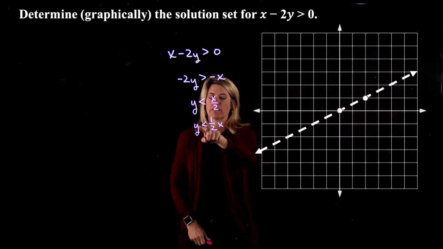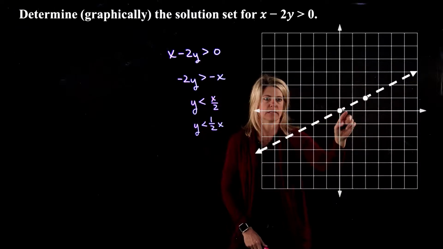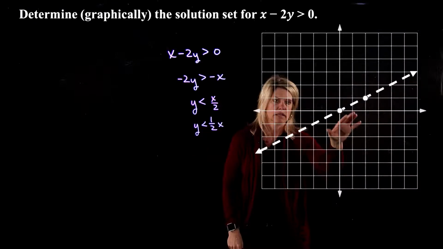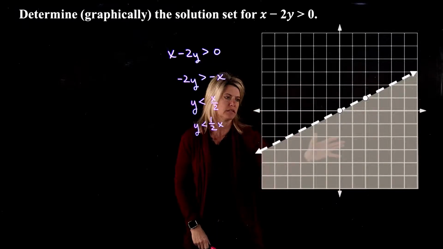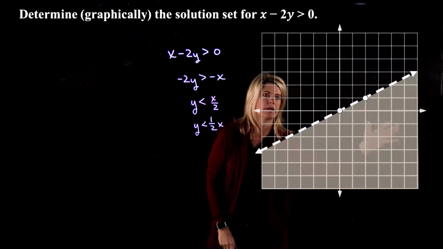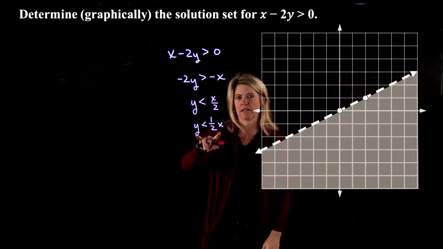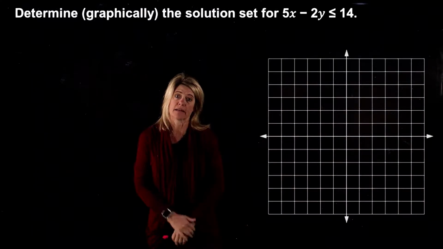And now we want the y values that are less than. So you put your pen or pencil here on the y-intercept. Y values that are less than is this portion of the plane down here. So we shade this region, meaning that any point in this shaded region is going to satisfy this inequality.